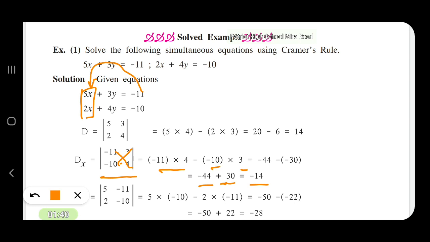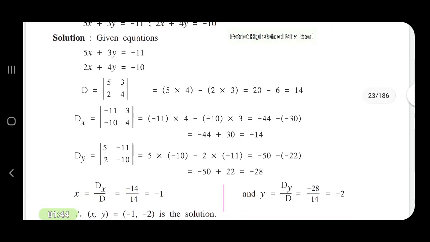Then coming to the Dy determinant. For finding the Dy determinant, we substitute the coefficients of the y column with the third column.